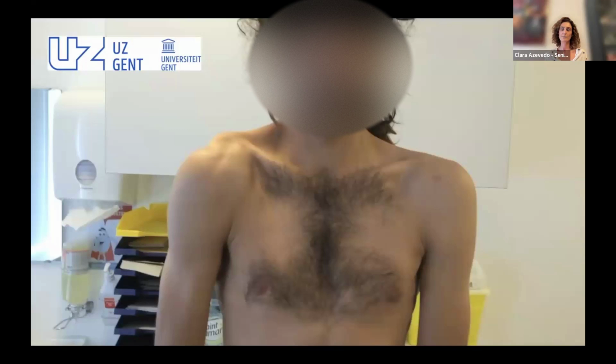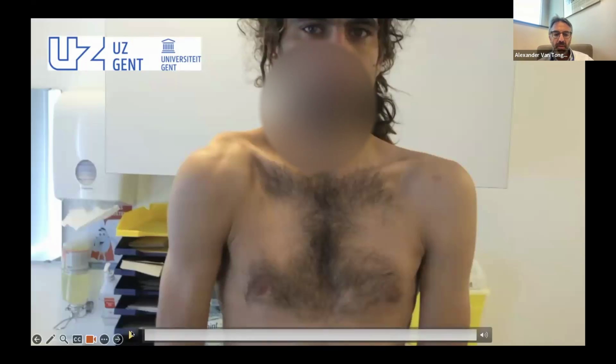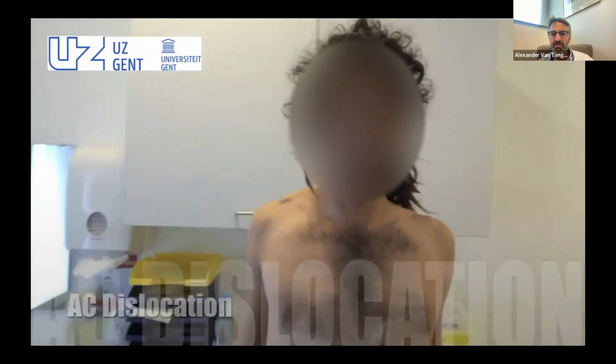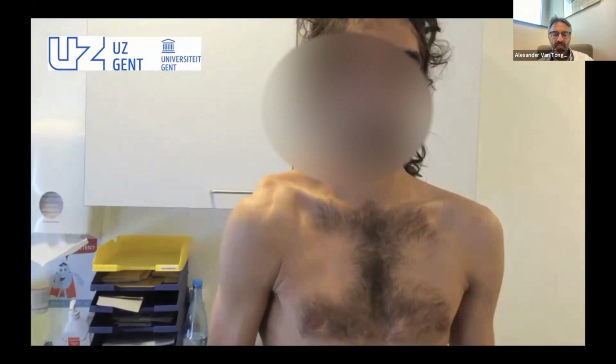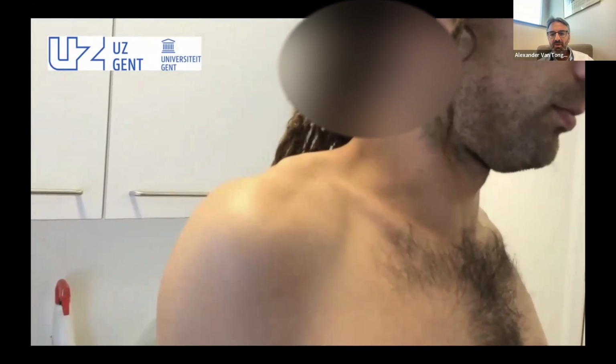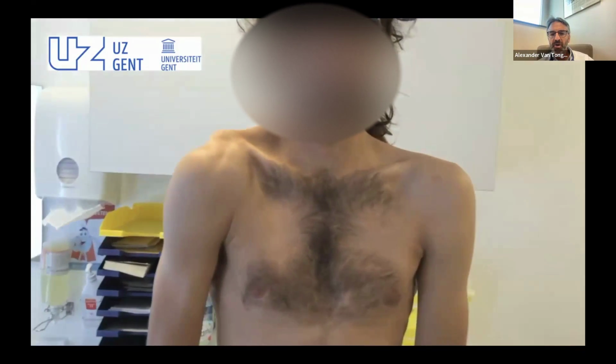Yeah. That's indeed also my opinion, that the clinical examination is very important. If you look back at the video, you can see if he's retracting, it's almost undisplaced. If you would take an X-ray like this, it would not be that strange. But if you look in protraction, it's really coming forward. I always like to show this video because it shows the importance of the function of the clavicle.